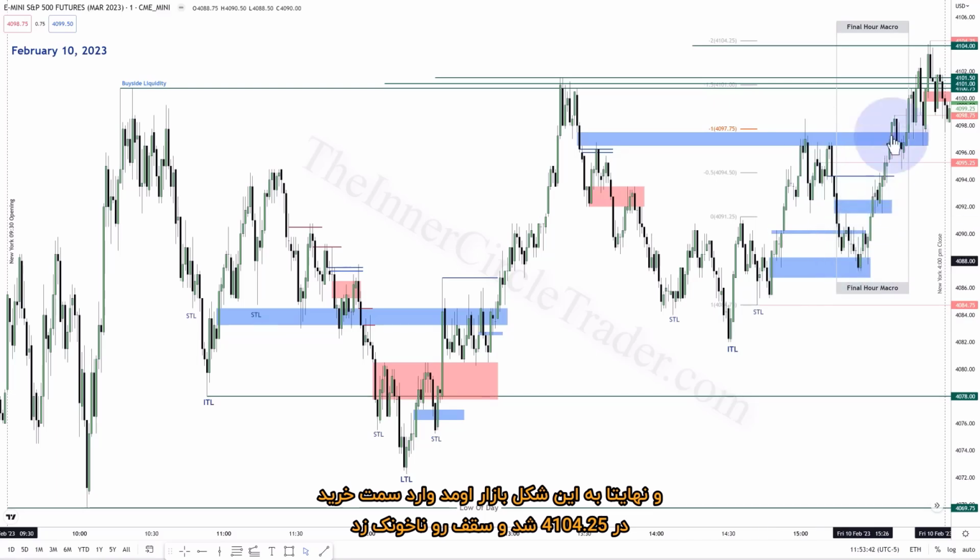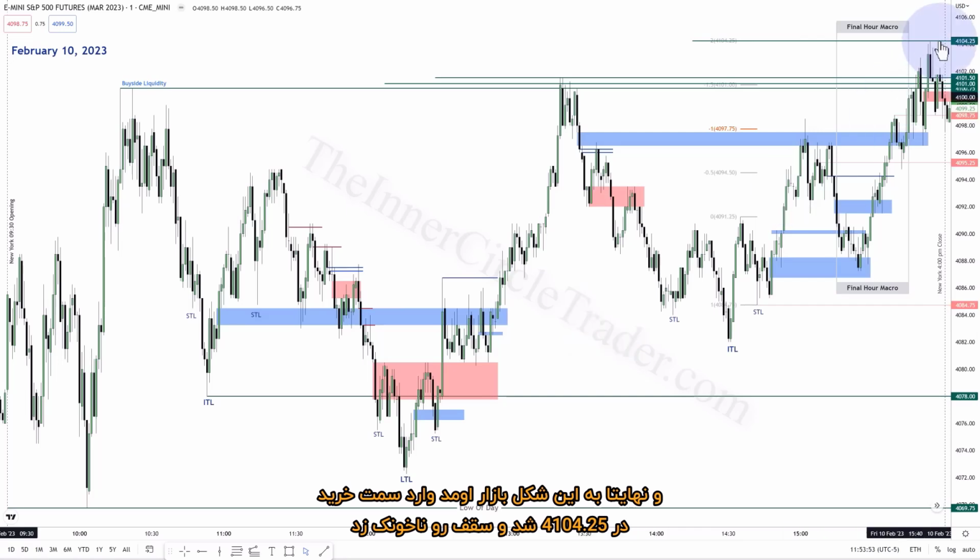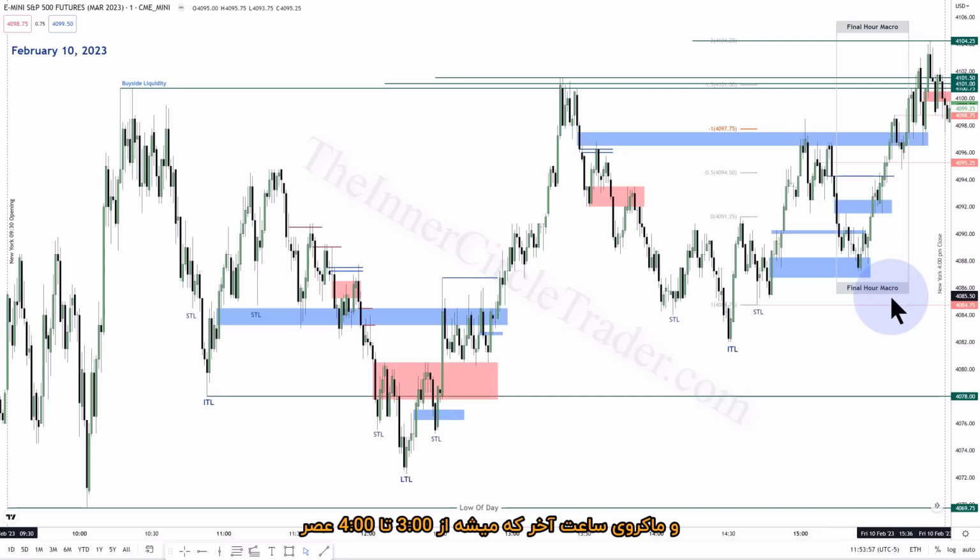And ultimately, that's how the market walked up into that buy side, into the 4104.25 level, nailing the high. The final hour macro, which is 3 to 4 o'clock, the last hour of trading before the 4 o'clock closing session.